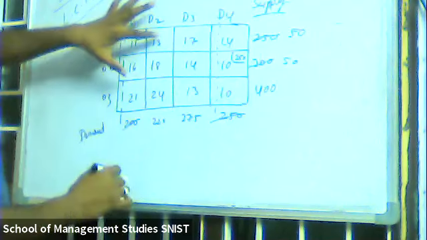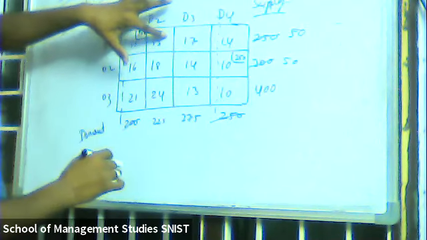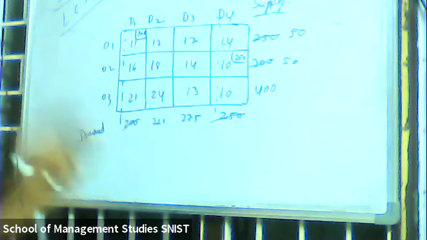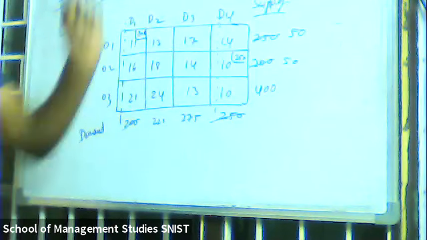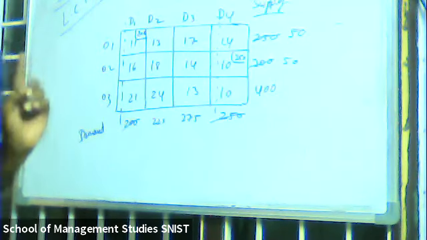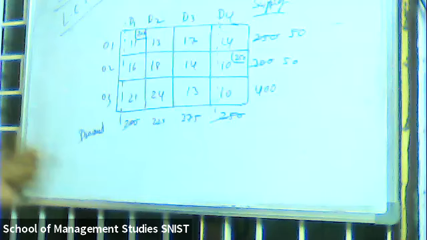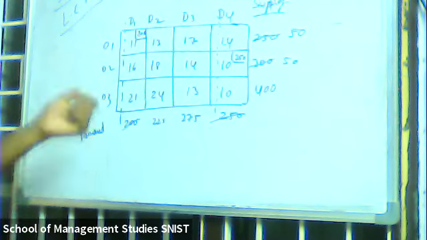Now I'm checking here, x12 225 and 50. So always if this is the case, you have to give a preference for the minimum value first, because we are calculating to minimize total transportation cost. Yes or no? Now which one is my option?